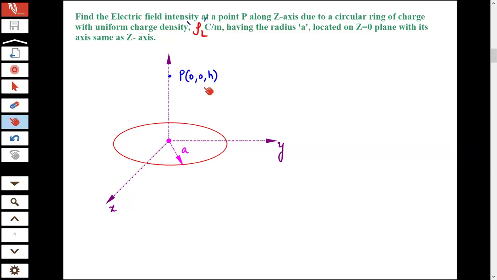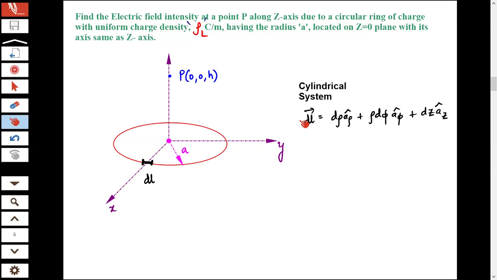We'll solve the problem in cylindrical system, considering a differential length element along the circular ring of charge. In general, cylindrical system will have the differential length element in rho direction as d rho, phi direction as rho d phi, and z direction as dz. In our case, radius is constant, which is A of the circular ring, and the ring is lying on z equal to 0 plane, where z is also constant.